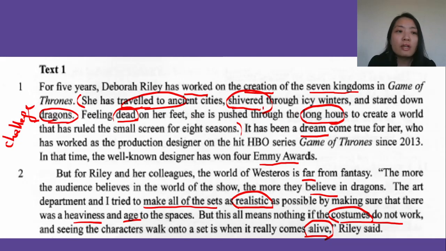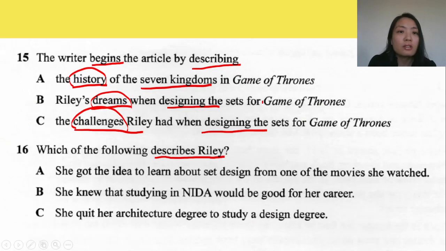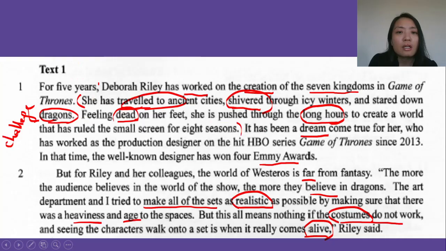Whereas if you look at the previous question here, it says history. Is there anything about the history of the 7 kingdoms or her dream? Although you look back at the text, this one talks about the challenges. And there is a word here that says, it's a dream come true for her.